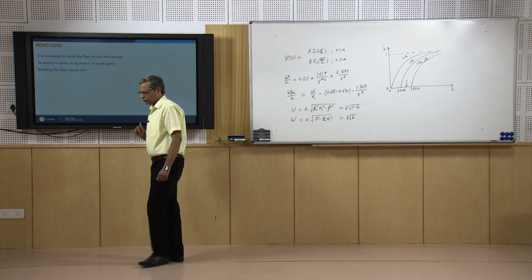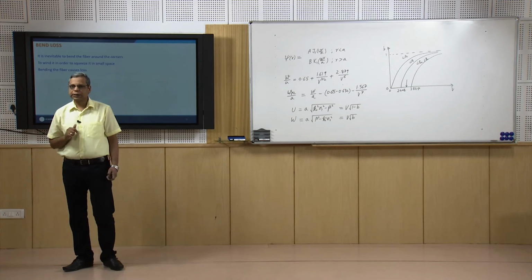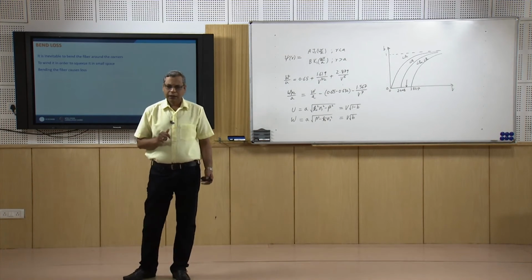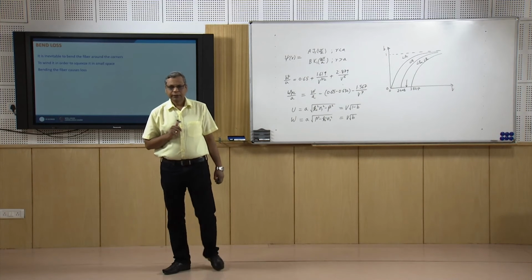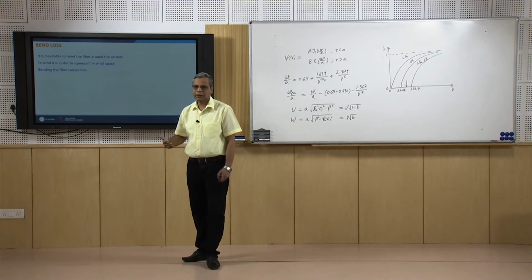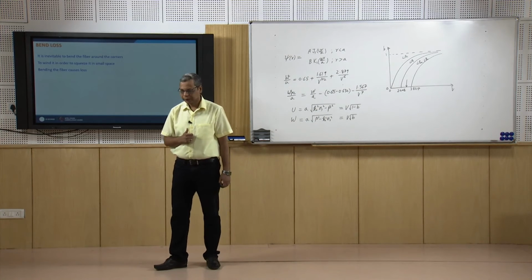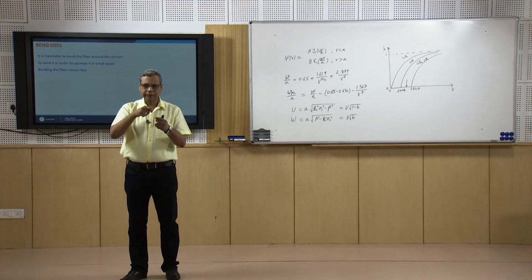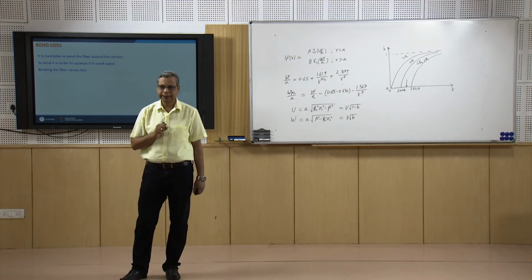Now let us find out what happens if I bend a fiber. If I deploy the fiber in the field, it is inevitable to bend the fiber because I will have to take the fiber across corners. There are instances when I will have to coil the fiber and keep it somewhere if there is some extra length of the fiber.